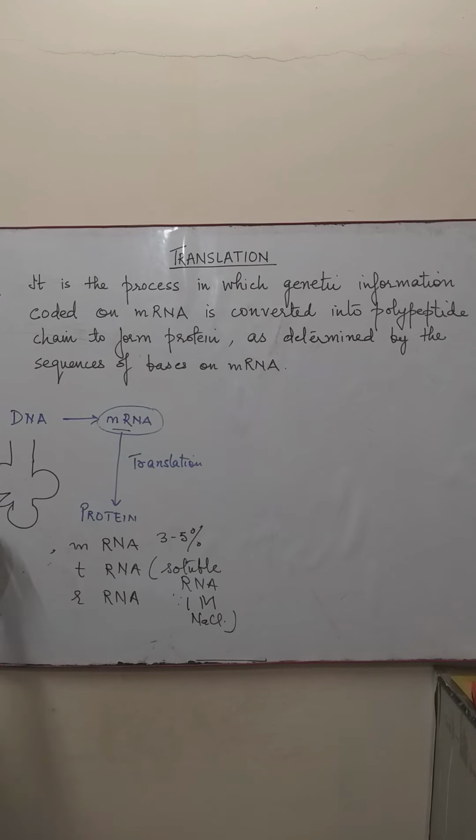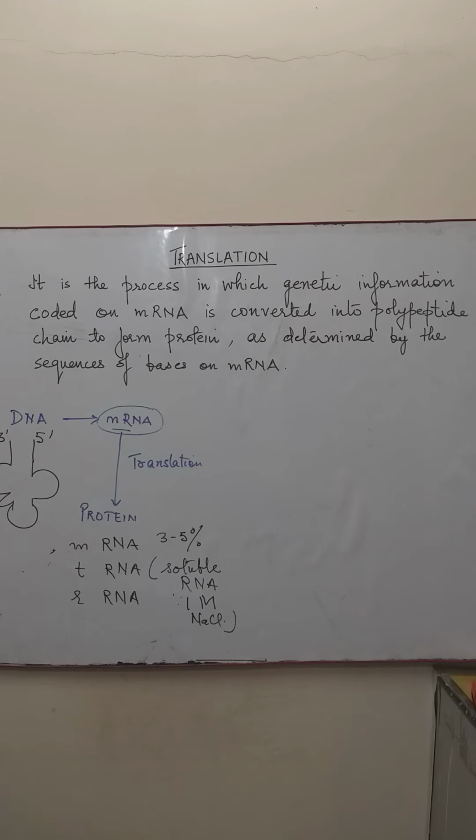This lower part is known as the anticodon loop. And when we see the polarity, it is 3' and 5' over here. This anticodon loop has bases, and these bases are complementary to the bases or the code on the mRNA.